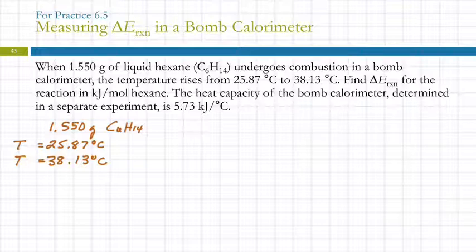Which one's the initial temperature? The 25. From 25 to 38. So 25 is the initial, 38 is the final. Find delta E. The heat capacity of the calorimeter, that's C cal, is 5.73 kilojoules per degree Celsius.